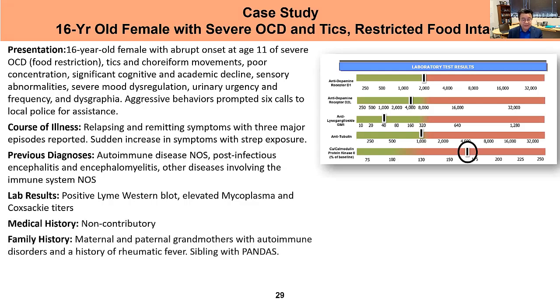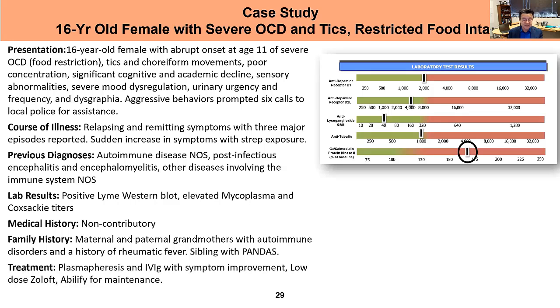So the family history actually was helpful because they had autoimmune disorders in the family and rheumatic fever and siblings with PANDAS. In this case, she was treated with plasmapheresis to remove the antibodies and intravenous immunoglobulin, and to control some of the symptoms for a short period of time, low-dose Zoloft and Abilify.